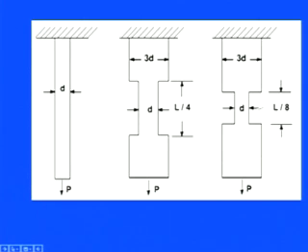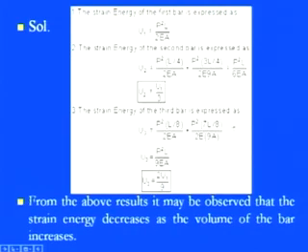Then 1/8 of the length has diameter d, but the other parts are thrice that, so 3d in the remaining two regions. If you compare, the entire length L has diameter d, 1/4 of the length has diameter d, and 1/8 of the length has diameter d. Now what we need to do is go with the same approach, because we want to calculate the energy.